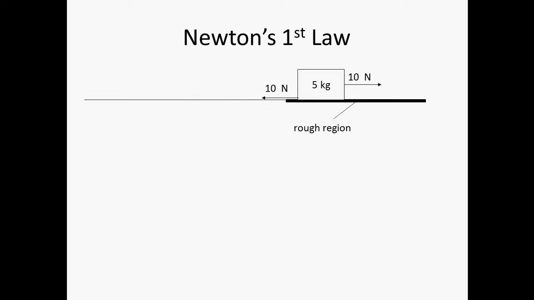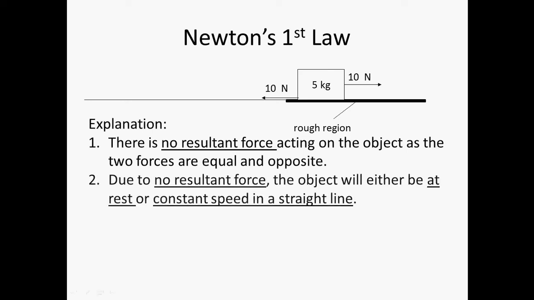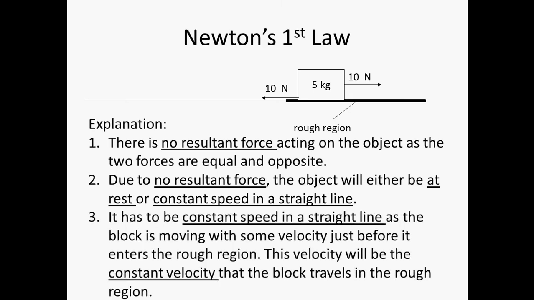First of all, when it's moving in this region, there will be no resultant force because the two forces are balanced and opposite. Because there's no resultant force, the object will either be at rest or move at a constant speed. But the object will choose to move at a constant speed in a straight line. And why is it so?